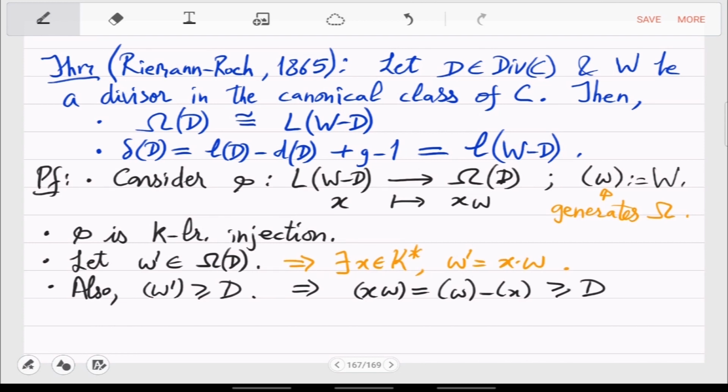And what does this give me? So what I need is a y in the preimage.